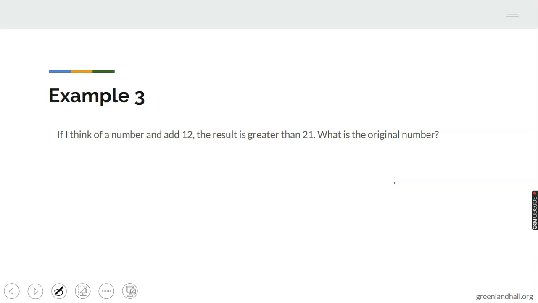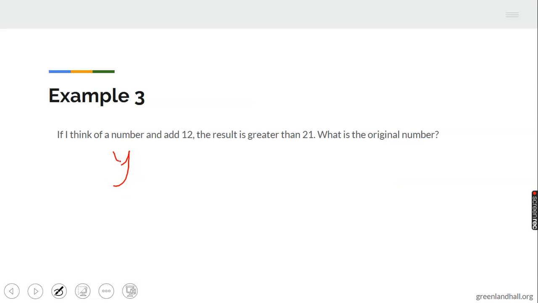What is the original number? Okay, for those that do not know how to go about that, let the number be y. I'm not using x this time around.